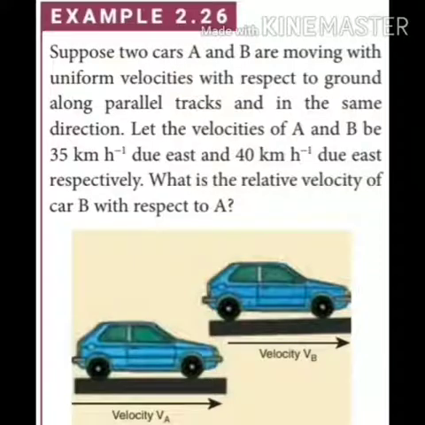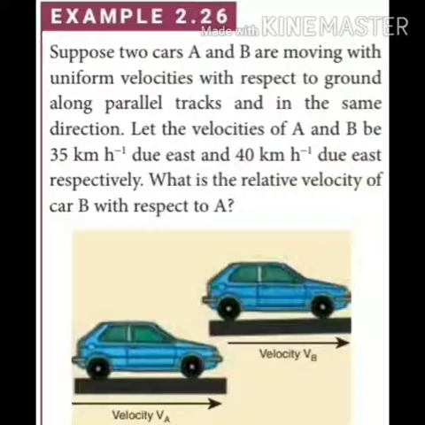Suppose two cars A and B are moving with uniform velocity with respect to the ground along parallel tracks and in the same direction. Let the velocities of A and B be 35 km/h due east and 40 km/h due east respectively. What is the relative velocity of car B with respect to A?